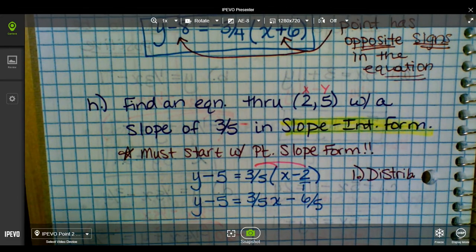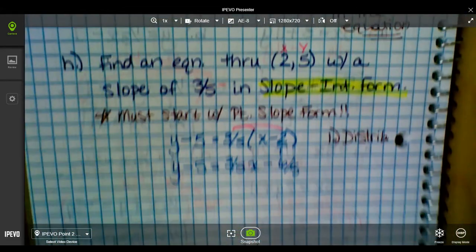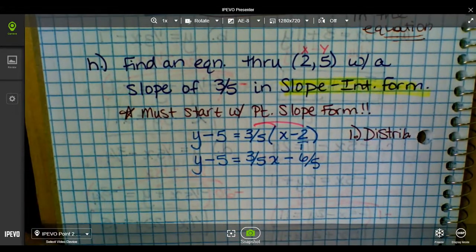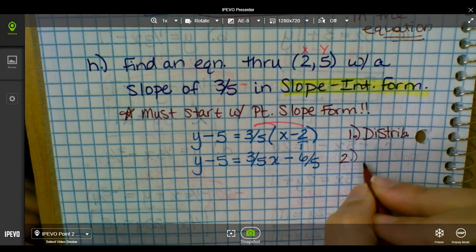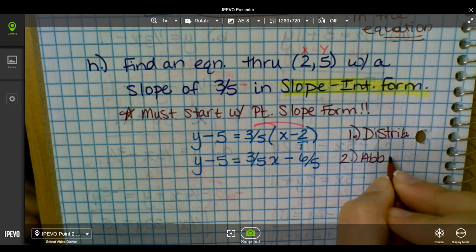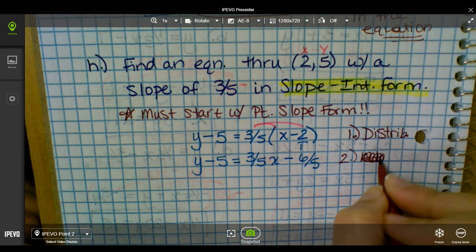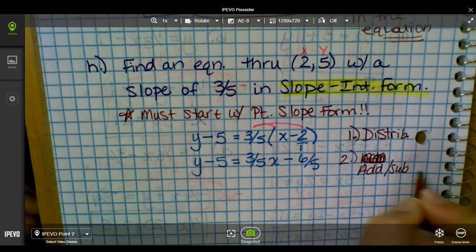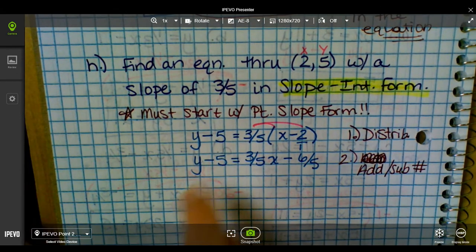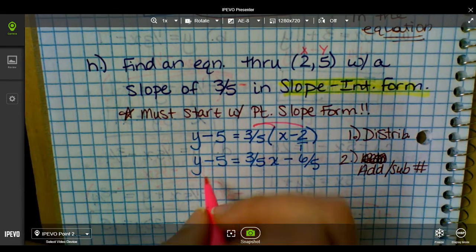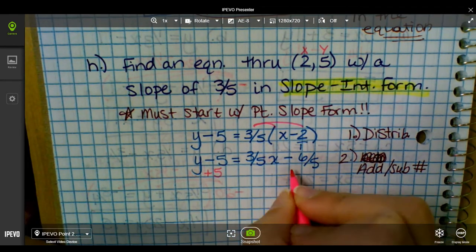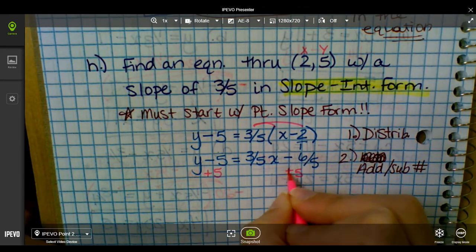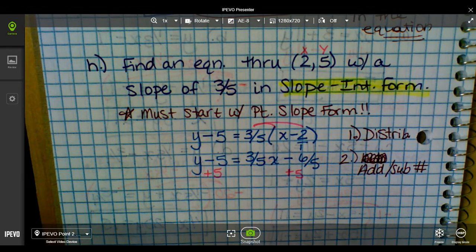Okay, and then your next step, because this is not quite in slope intercept form yet, is just to add or subtract whatever number is with your y's over here. So over here, I'm going to add 5. But now we have to think about this.